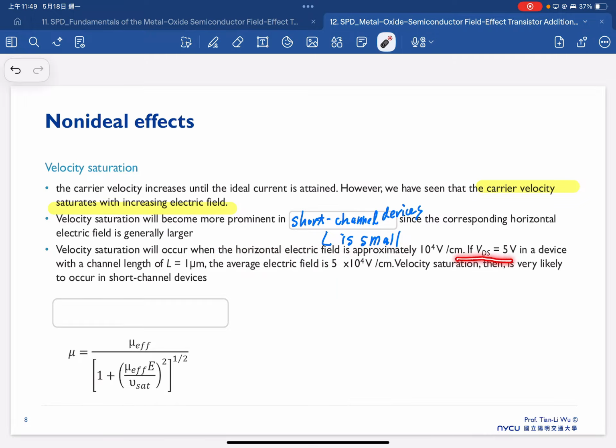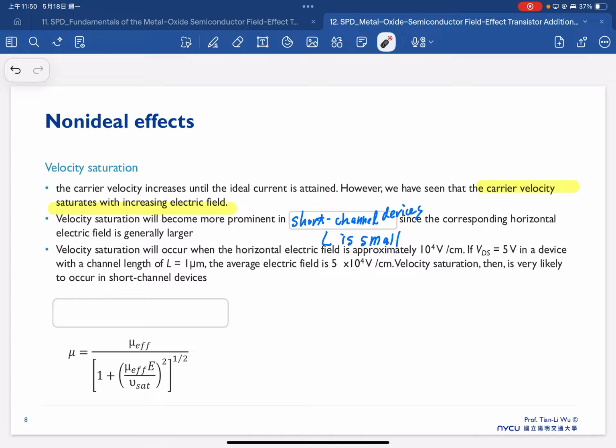If VD is 5 volts in a device with a channel length of 1 micrometer, that will reach 5 times 10^4 volts per centimeter. So therefore, velocity saturation is likely to happen. If you have a 1 micrometer channel length device, as long as you apply 5 volts, that already reaches a condition to trigger the velocity saturation.